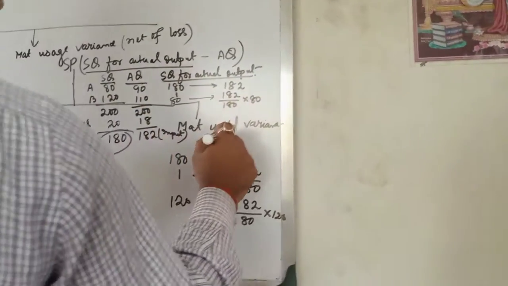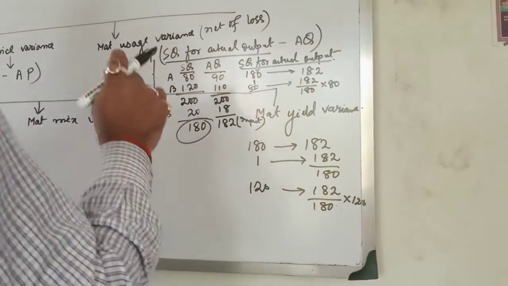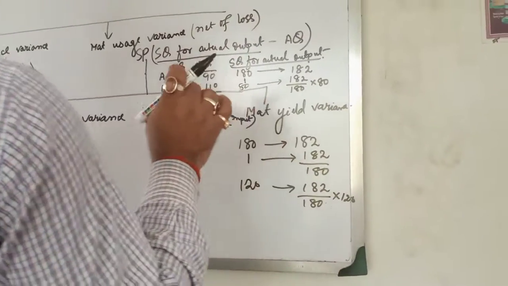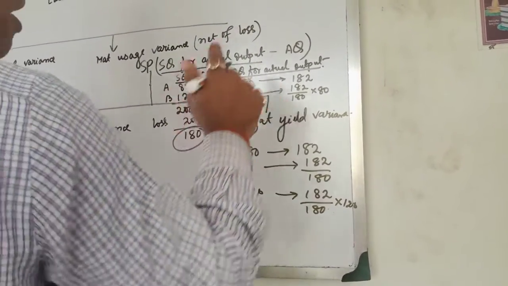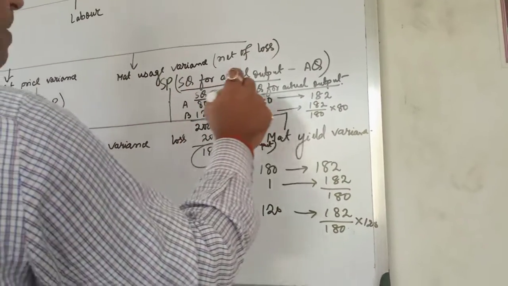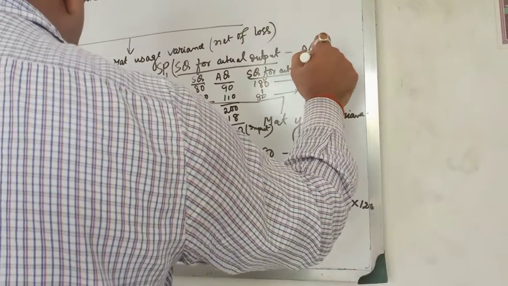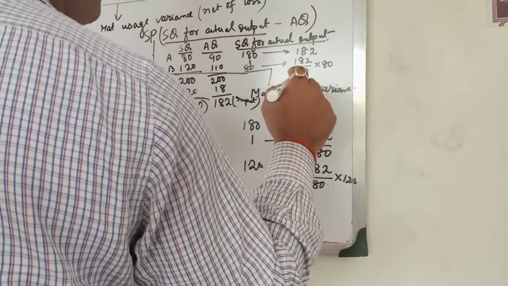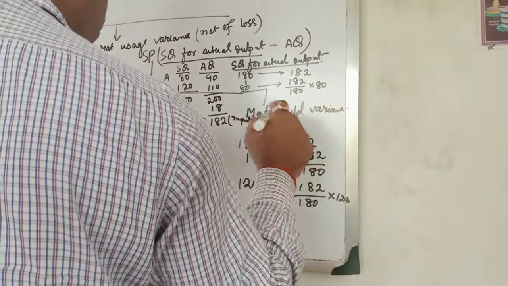Now material usage variance and material yield variance are similar, but one thing is different. In material usage variance, we compare with the actual quantity. In material yield variance, we compare with the standard quantity.